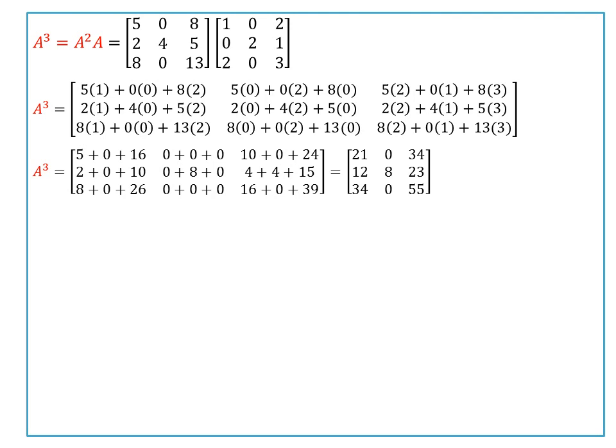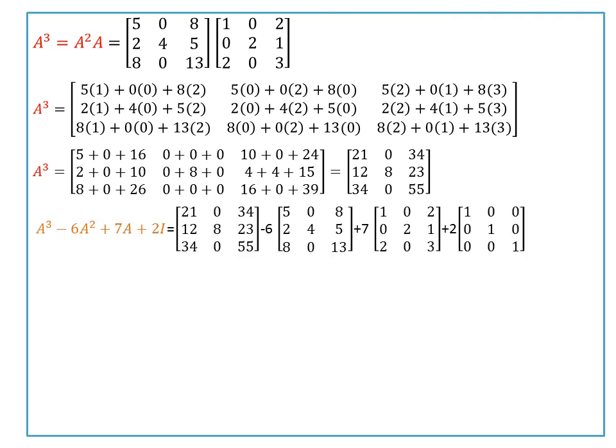Now we have the matrices A square and A cube. We'll consider the expression A cube minus 6A square plus 7A plus 2I. We have to show that this is equal to 0.